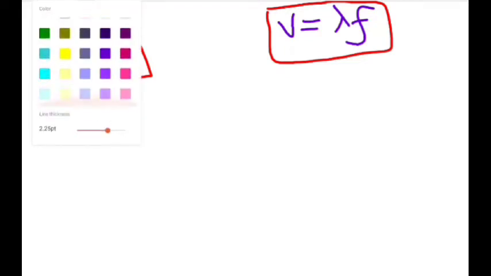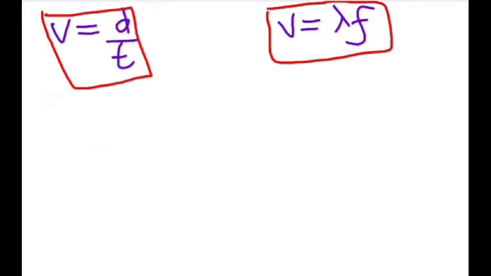Now, the important trick is to know when to use these formulas. Remember, once you get a formula, you can be asked to calculate any one of the quantities in the formula. So if a question asks you for the time, which of these two formulas has got time?